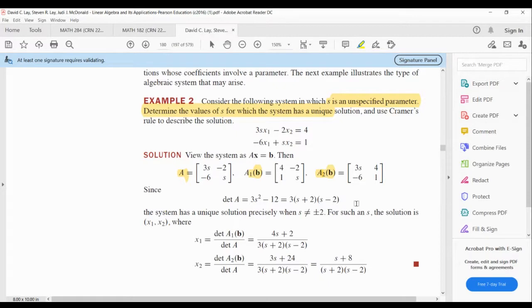That makes sense because in Cramer's rule, A has to be invertible, and if the determinant of A is 0, then A is not invertible.